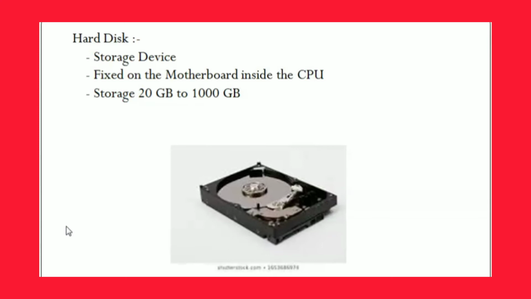When we start the computer, the hard disk begins loading the operating system on its own. When any information is saved on the computer, it is recorded on the hard disk. Hard disks with storage capacity ranging from 20 GB to 1000 GB are available nowadays.